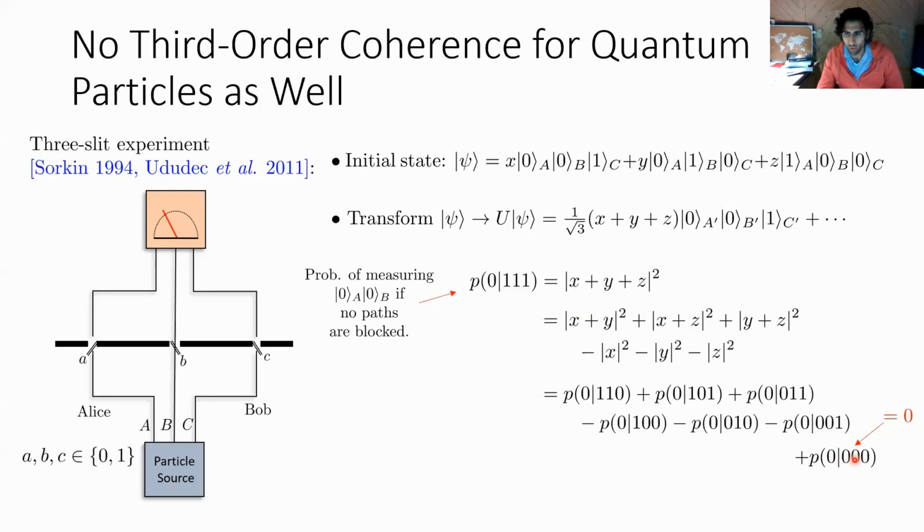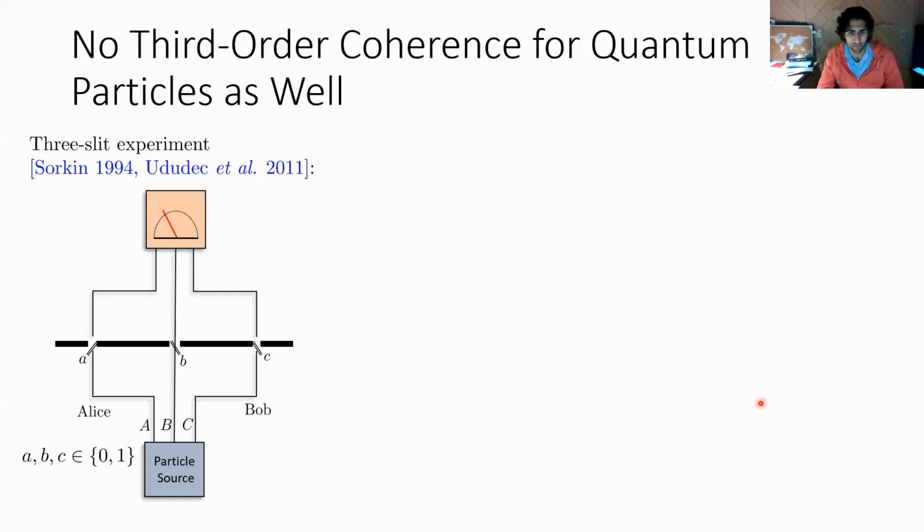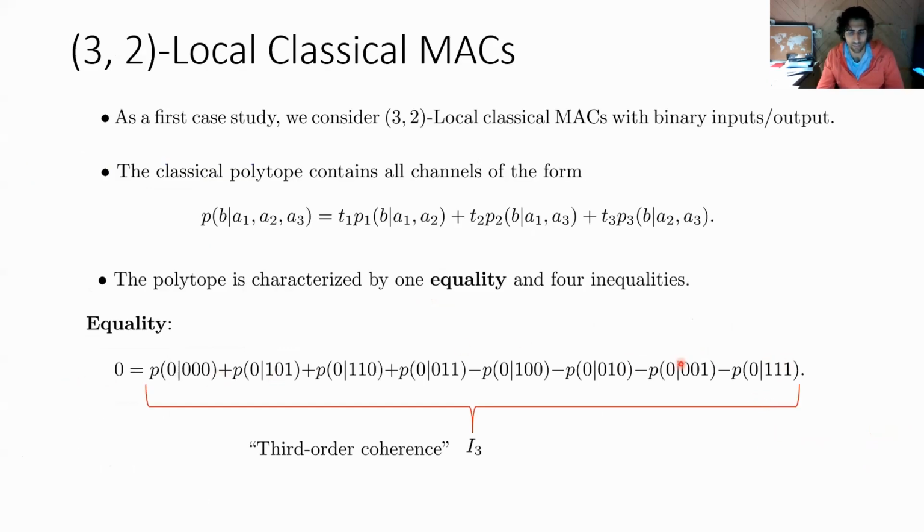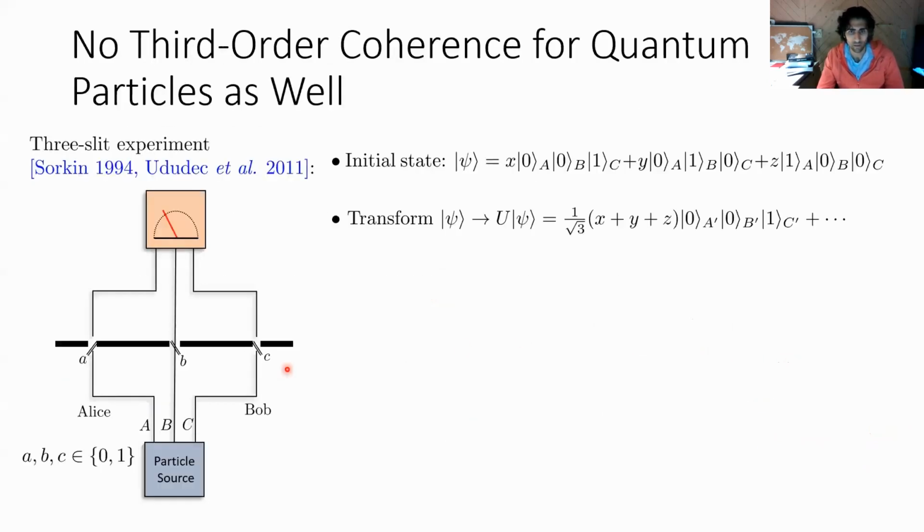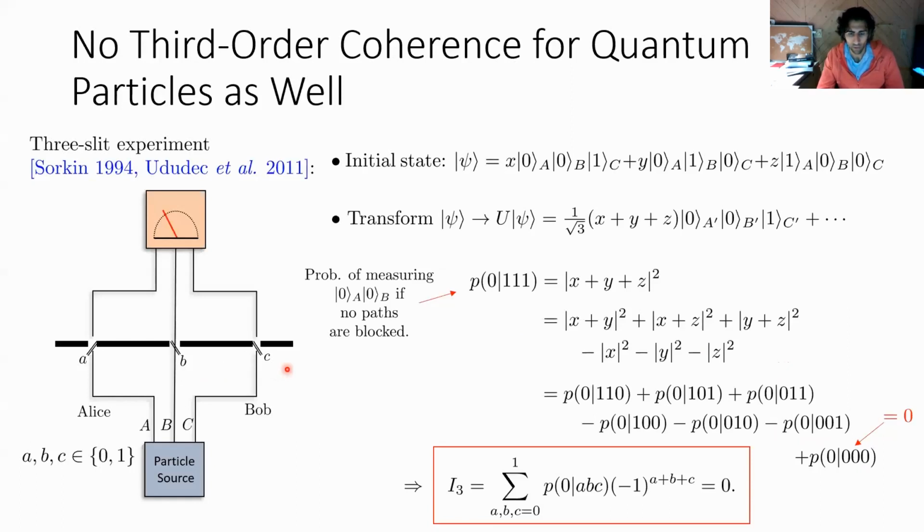And what this whole term here, all these terms here sum up to give us this I3 quantity that I identify here. Okay. And so it turns out that if you work through it, actually this I3 linear combination vanishes. Even if you start off with a quantum particle here in a superposition of these different paths, this equality will always be satisfied.